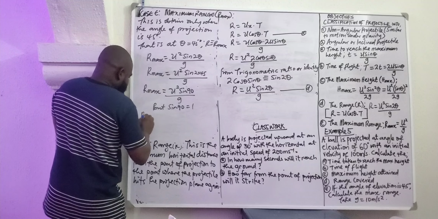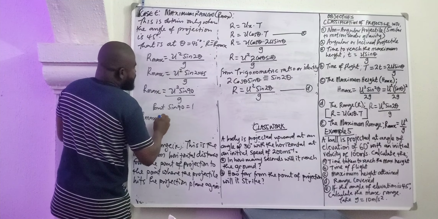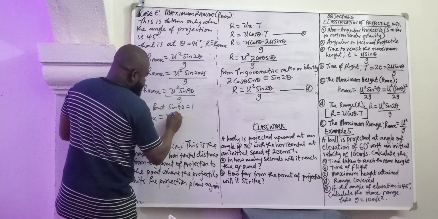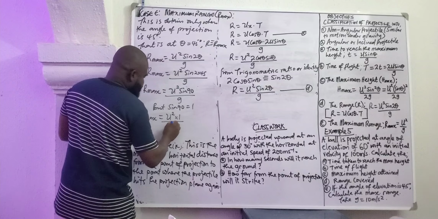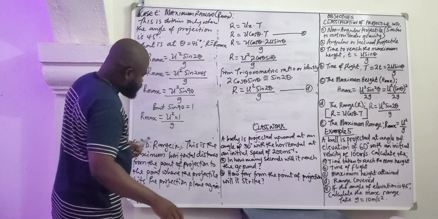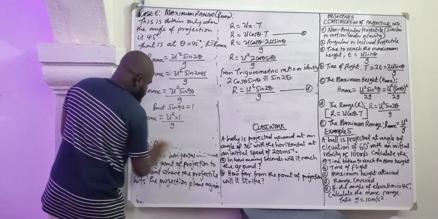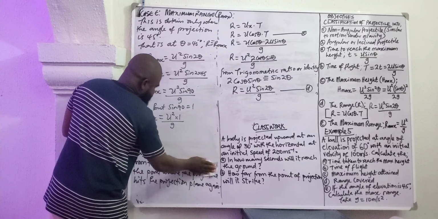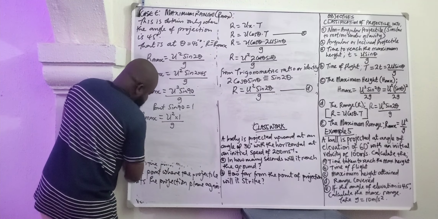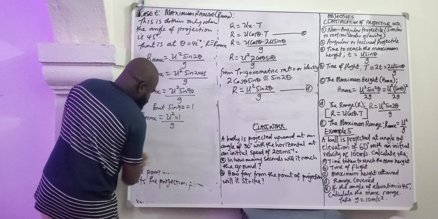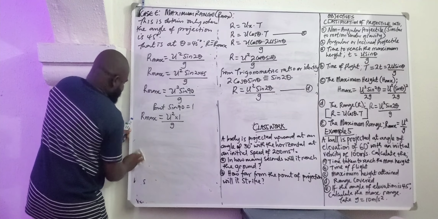So I will have the maximum range is u square times 1 over g. So u square times 1 is u square. So that gives us that the maximum range equals u square over g.